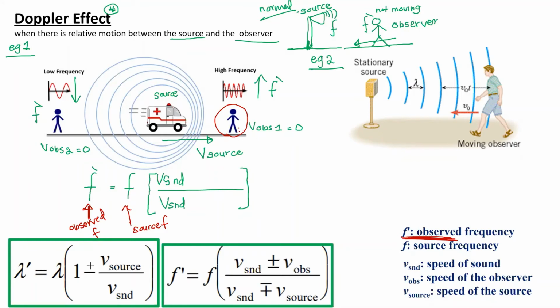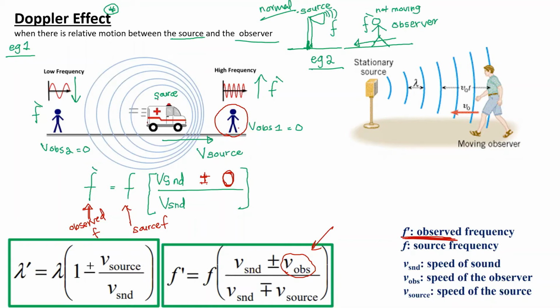But is he moving? No, right? So in this equation, if you see here, velocity of the observer term is on the top. It's on the numerator. But since our observer is not moving, the velocity here will be 0. So here's a plus or minus. We don't even care whether it's plus or minus because this is 0. Okay.